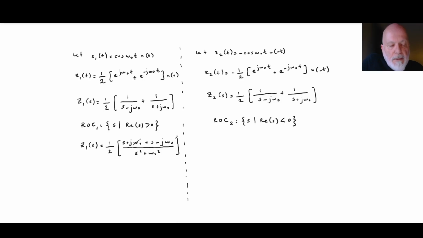So here the imaginary terms will cancel out. J omega 0 and minus j omega 0 will cancel out. And we have 2s divided by 2.